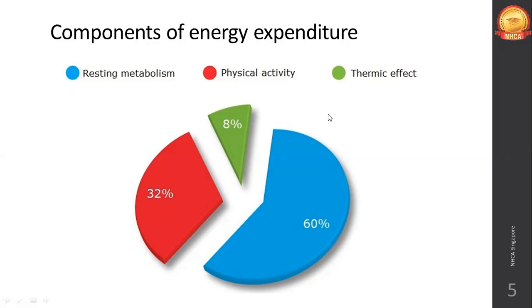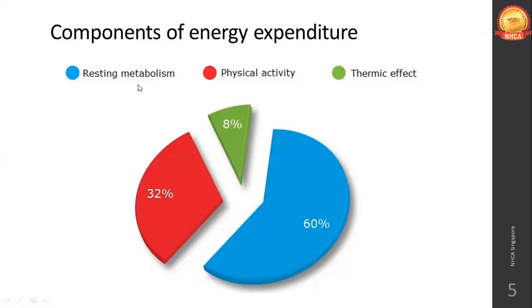Coming to the components of energy expenditure, this also is a part of coefficient of energy expenditure. How many calories you feed yourself, how many are you actually burning? From the pie chart here, you can see resting metabolism, or basal metabolic rate, BMR, which means even when you're sleeping, when you're not doing any physical activity, your body is still burning calories.